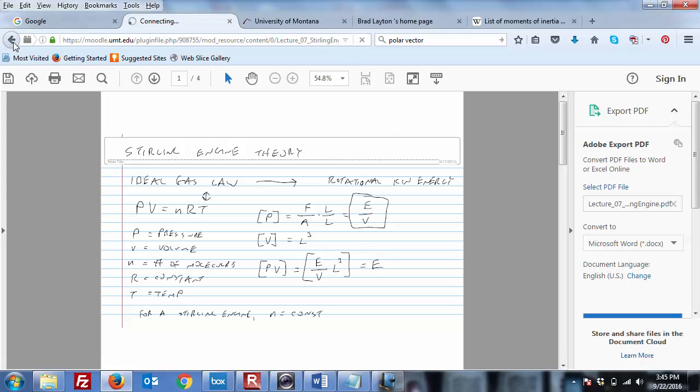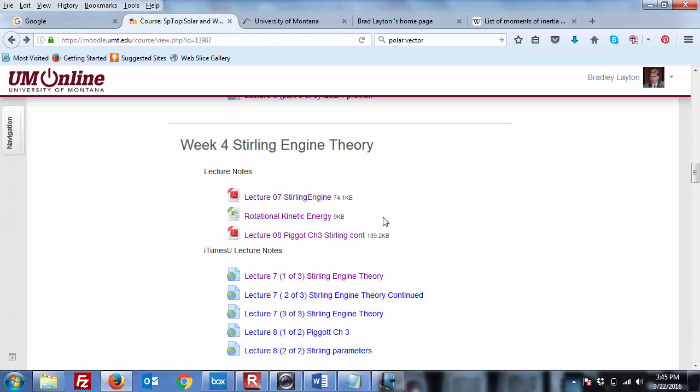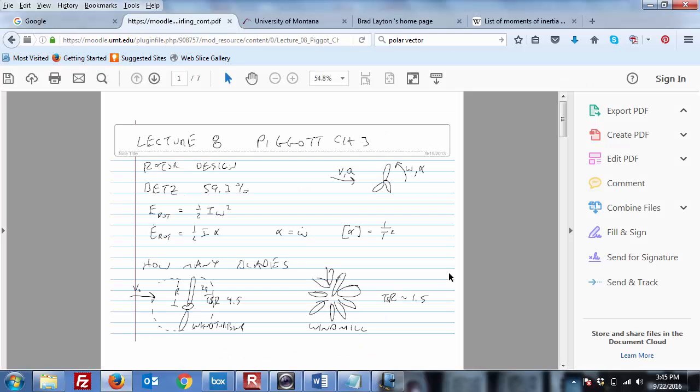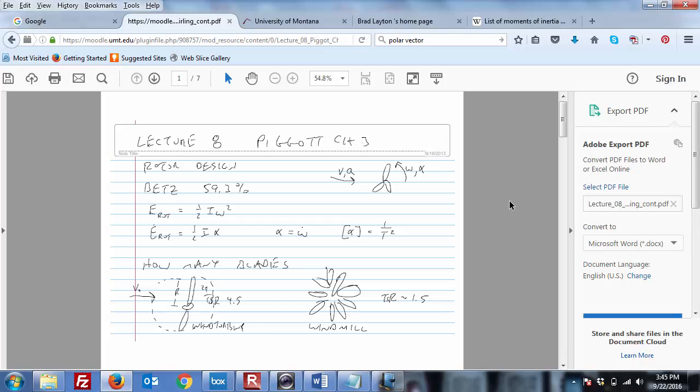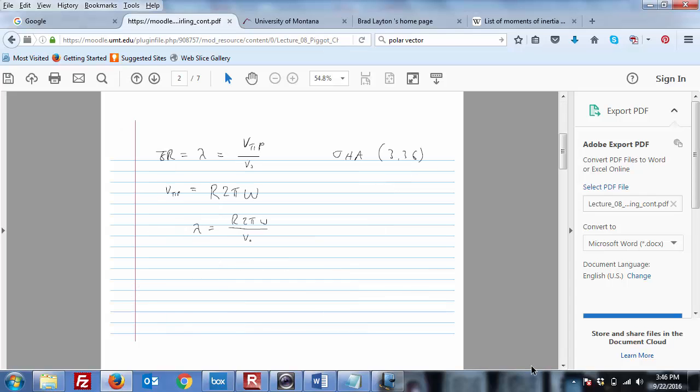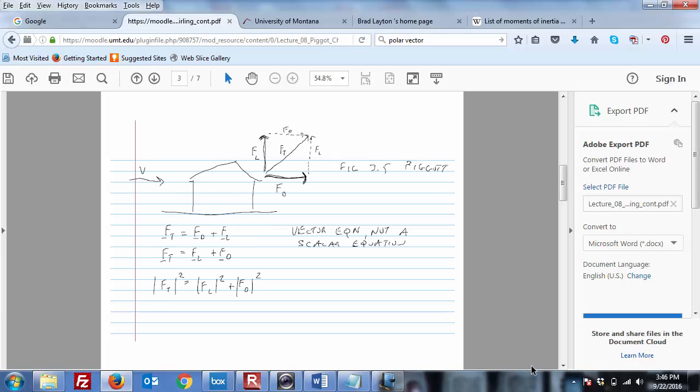Then finally, we wrapped it up with rotor design. We talked about linear versus angular velocity, and linear versus angular acceleration. We talked about tip speed ratio, labeled as lambda per JAW 336. I also mentioned the fact that forces are vector quantities. They're a sum of a drag force and a lift force.